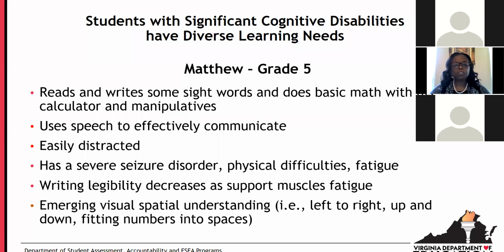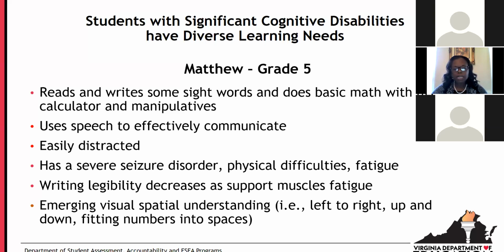He's able to use speech effectively. But he's easily distracted. There's a seizure disorder, and whenever Matthew has a seizure, he is fatigued, and he may also have some physical difficulties.